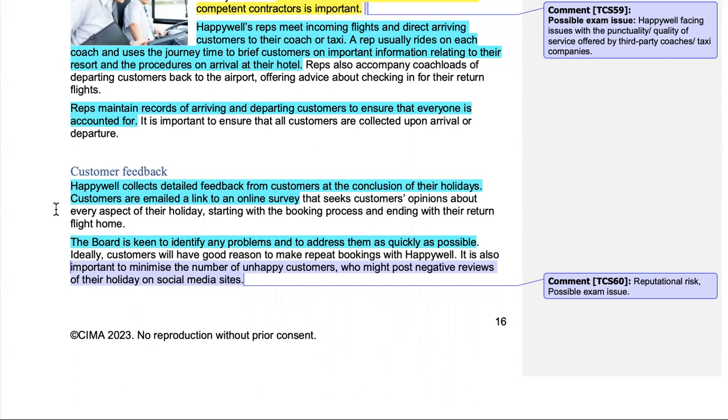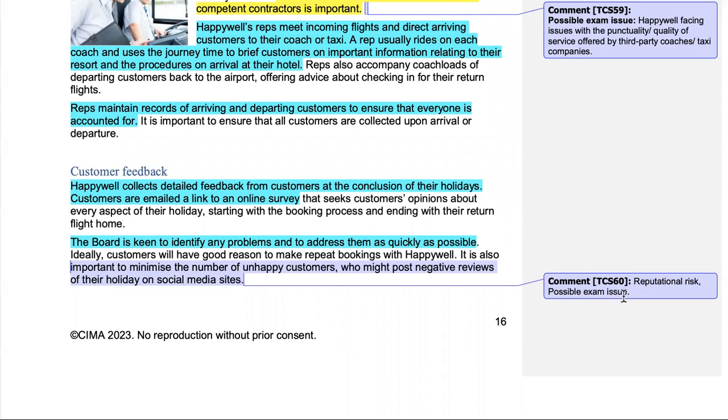That's the best way to measure whether your company is headed in the correct direction. So the board is adamant about understanding customer feedback. And it is also important to minimize the number of unhappy customers who might post negative reviews on their holidays on social media sites. So that's exactly what I highlighted earlier.